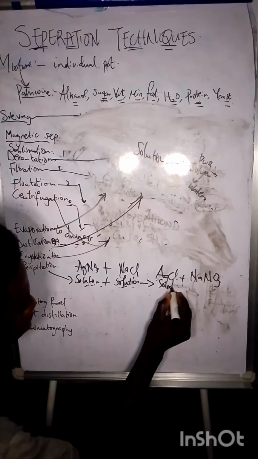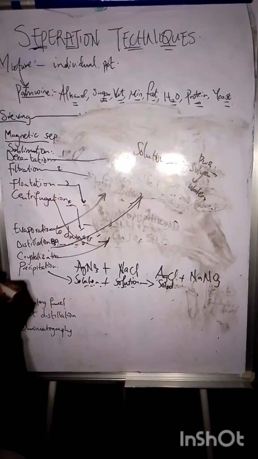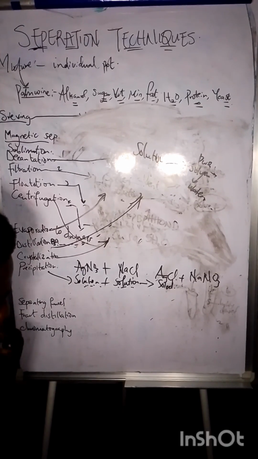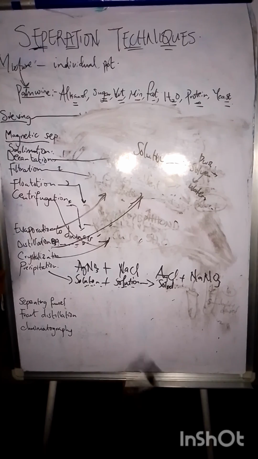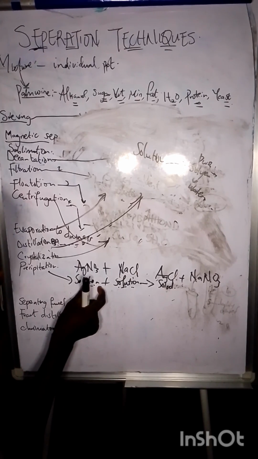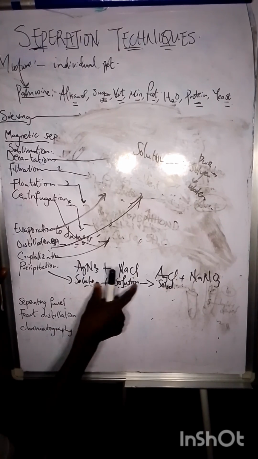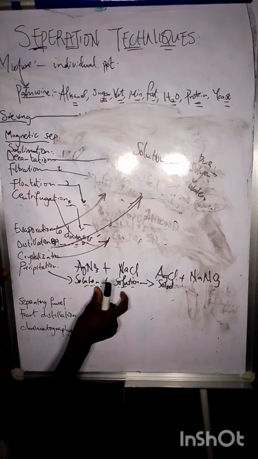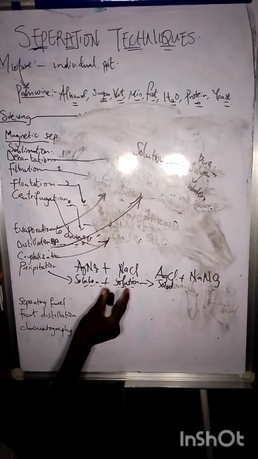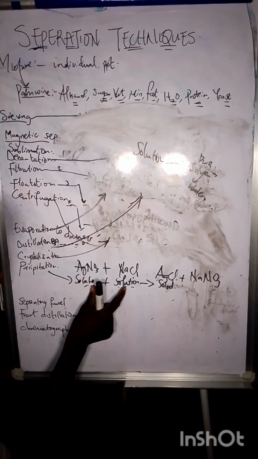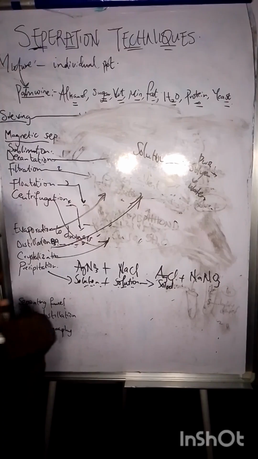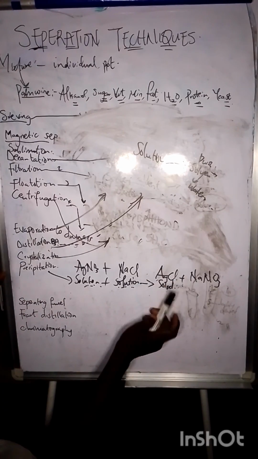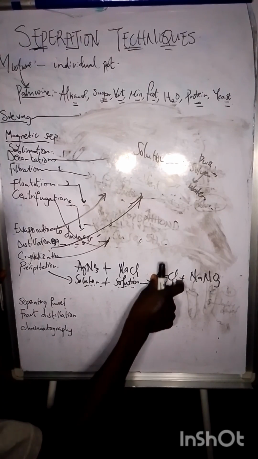You have a solution of silver nitrate, and you add another solution to it. These two solutions form a mixture, and when it forms a mixture, it forms a solid. That solid is silver chloride.